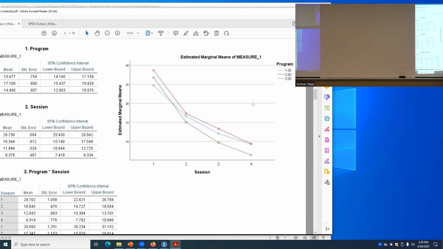Right, so we're interested in whether we're seeing group level effects on treatment response. And our interaction is saying that the pattern of means across repeated assessments isn't the same across these groups, right? What differences might people be interested in exploring?